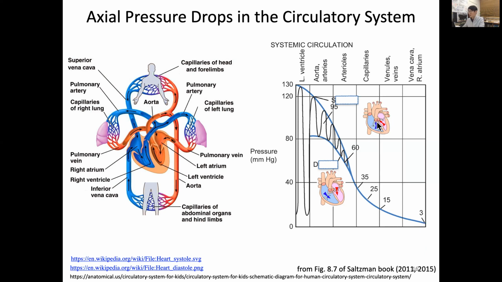This part is called systole. When it's expanding, the pressure goes down, and in that case we call it diastole. So systole and diastole. When we go to the aorta and arteries, it goes down. In the arterioles, it drops dramatically because the radius goes down, and through the capillaries as well. And in the venules, veins, and vena cava, it keeps going down to very low pressure.